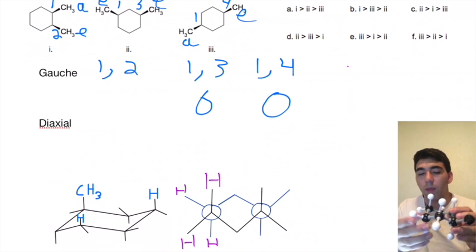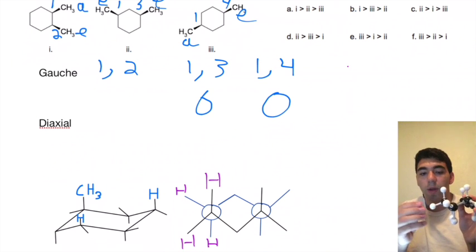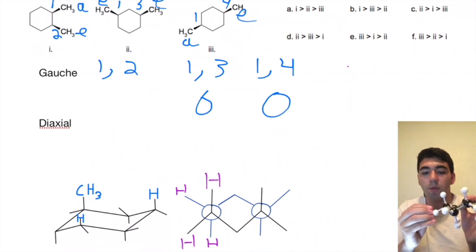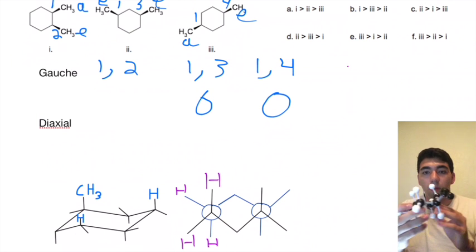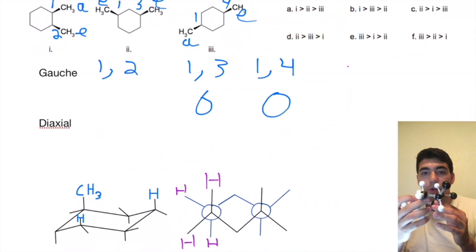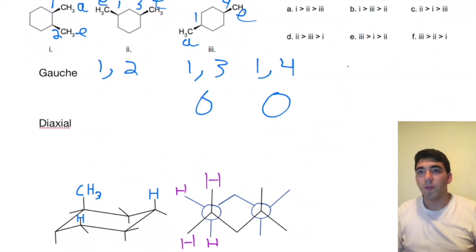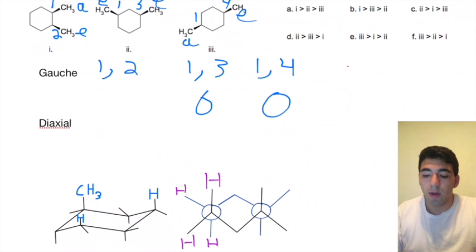For gauche interactions, one has to be in the equatorial or both, or one has to be in the equatorial and axial. So that'd be like 1,2 here, and you could tell easily by the Newman projection that there's a 60-degree angle between those. Okay, so for diaxial we have to assume is only going to take place in the 1,2. But let's draw it out.